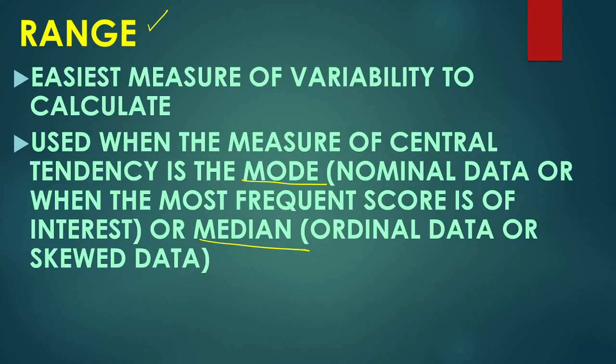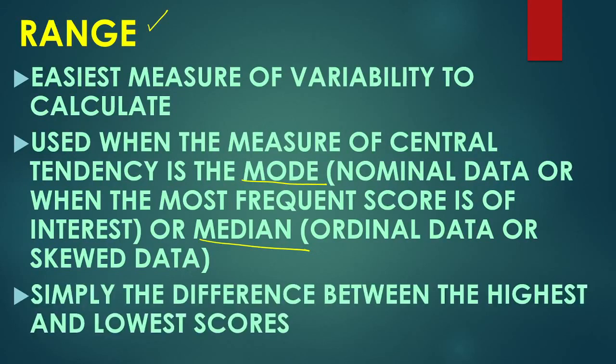So, take note, the mode is for nominal data, or when the most frequent score is of interest. The median is for ordinal data or skewed data. Now, it's simply the difference between the highest and the lowest score. So, the formula for the range is highest minus lowest. Okay?